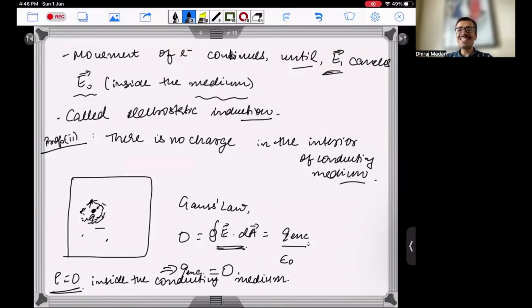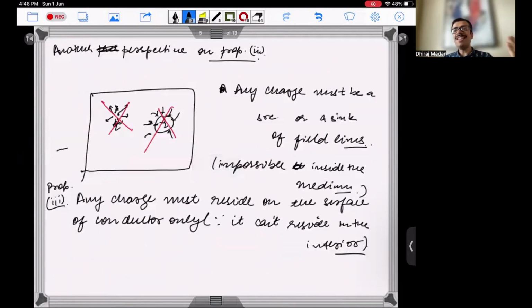So on the surface also the electrostatic field is going to be zero, which means that if you apply Gauss law, integral of E dot dA is going to be zero, which means that Q enclosed has to be zero, right? Because integral of E dot dA must be Q enclosed over epsilon naught. So overall the charge density inside the conducting medium must be zero. So whatever charge exists, it must exist on the surface.